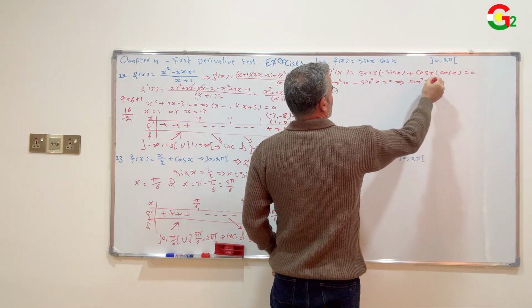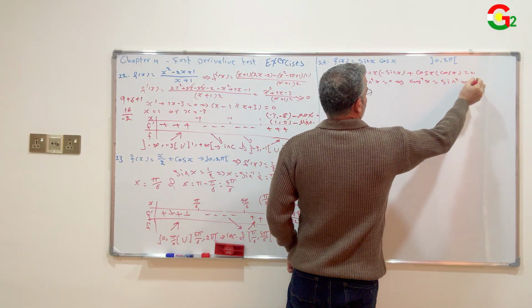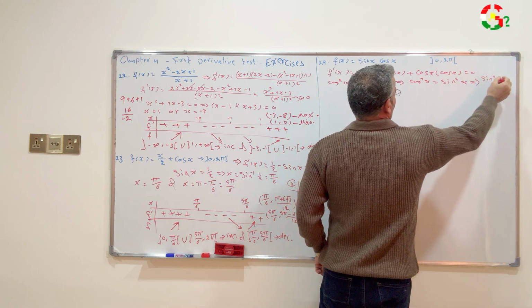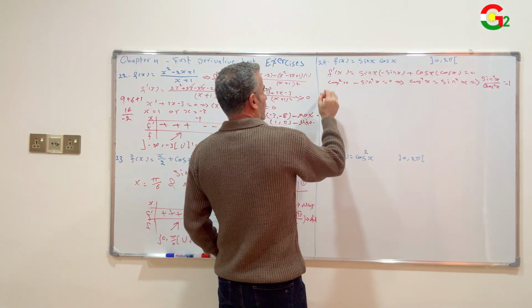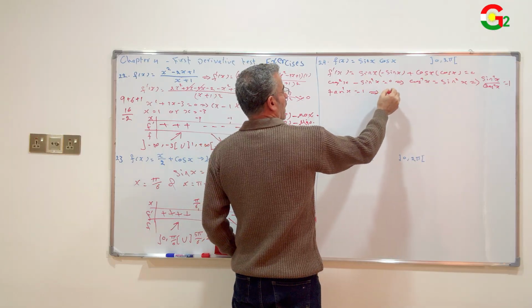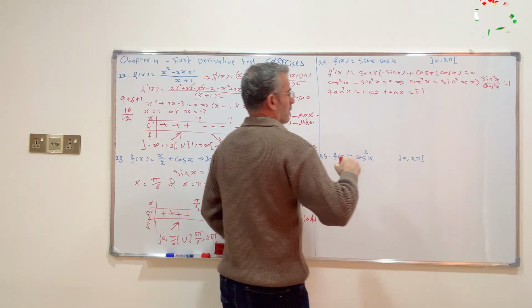Then cosine square x equal to sine square x. Then sine square x over cosine square x equal 1. Therefore, tan square x equal 1 and tan x equal negative or positive 1.